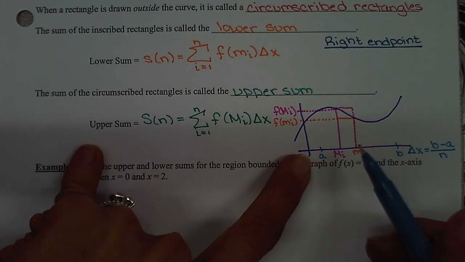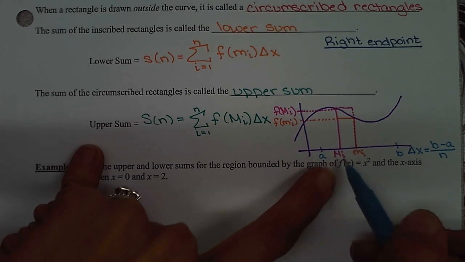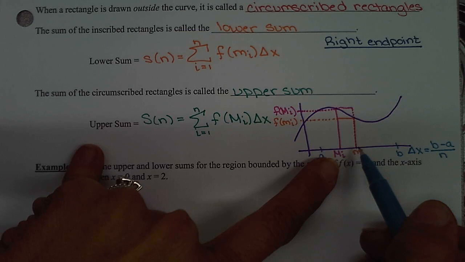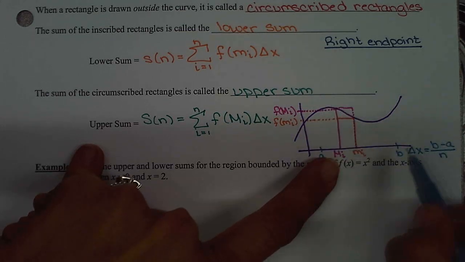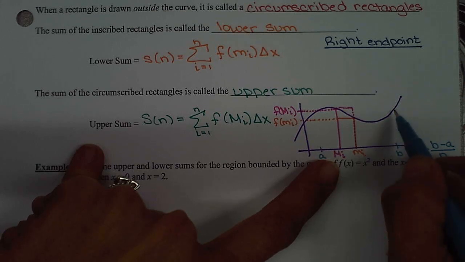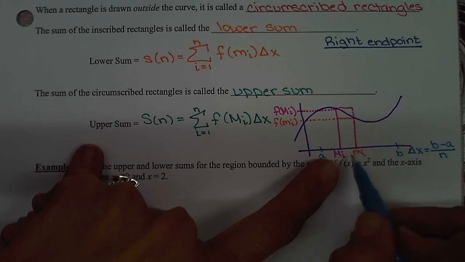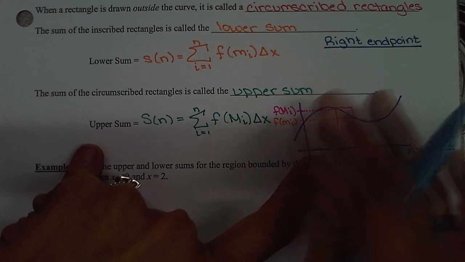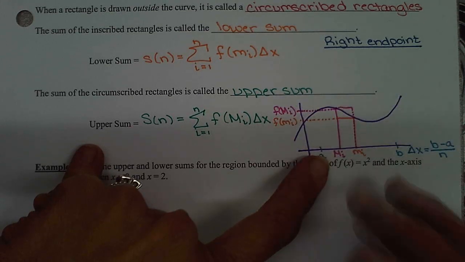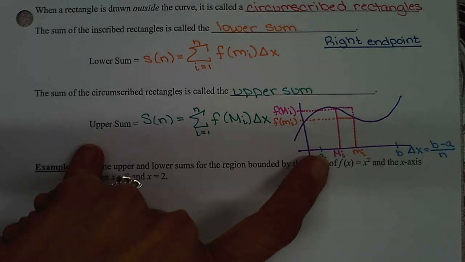And the reason I say right as opposed to the small m or the large m is sometimes the right endpoint is actually going to give you a larger rectangle, because with the way this curve is, if I'd gone here at B and gone up, it would have given me my capital M sub i, whereas on this one, it's giving me the lower. So it all depends on what your curve's looking like. So we're just going to refer to it as a right and a left, and then we'll look to see whether it's going to be the lowercase m or the uppercase m.